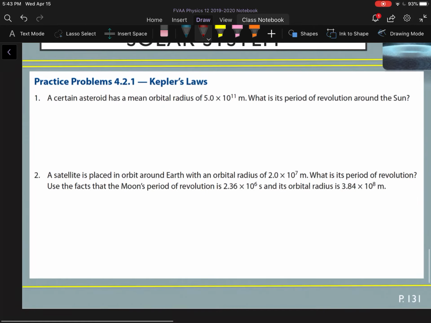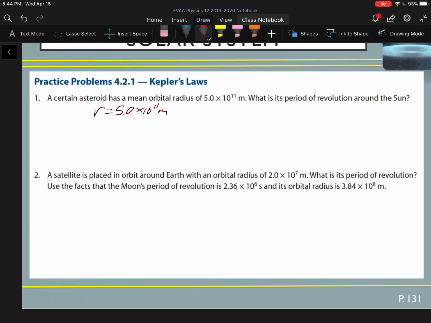Okay, so let's actually do some math here with what we know about this. So we have a certain asteroid that has a mean orbital radius. All right, this just means average. Okay, it's not talking about its character or how nice it is to people. So we have this R value of 5.0 times 10 to the 11 meters.